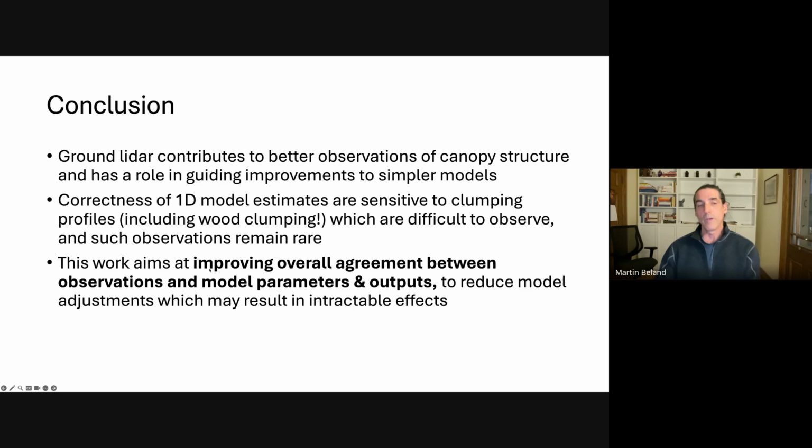So in the end, we're trying to improve the agreement between observations, like field observations or satellite, and the model parameter outputs in a way that reduces adjustments that we could be making to models and that would lead to effects that are difficult to trace in the end.